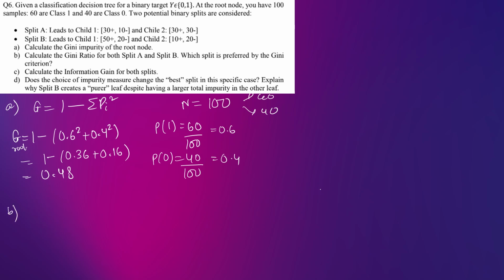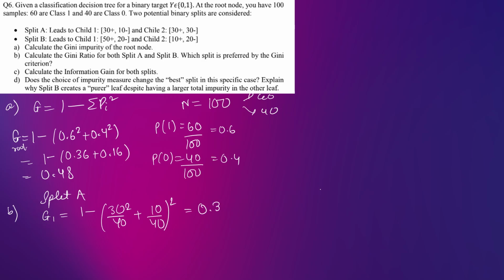Next part says do it for both the splits. For split A, child 1 has 30 plus and 10 minus. So for split A, G1 is equal to 1 minus (30 by 40 whole square plus 10 by 40 whole square).